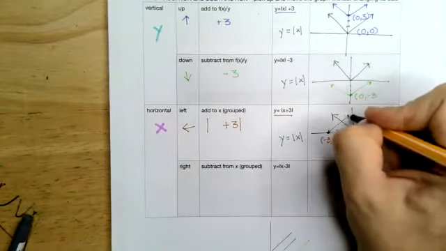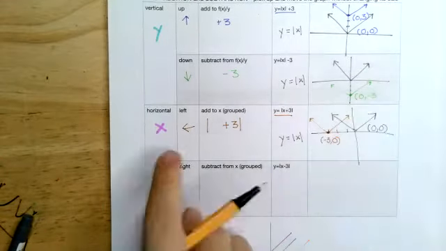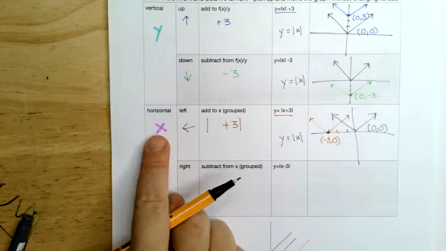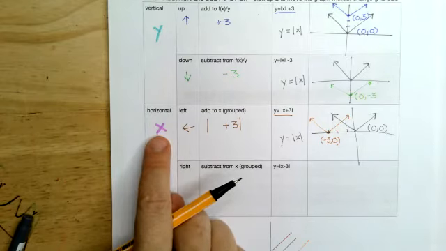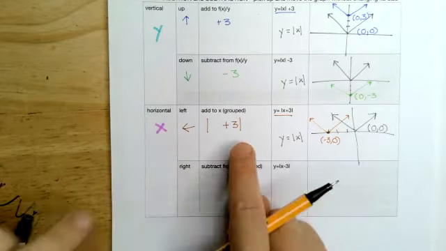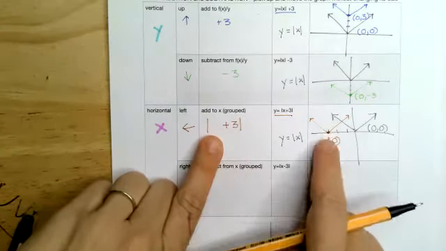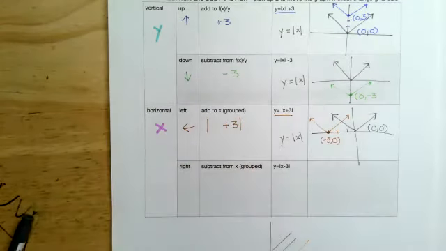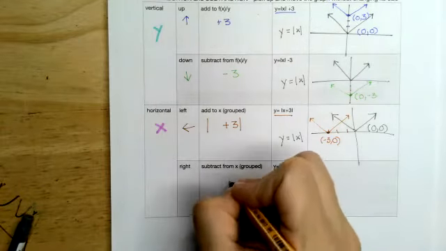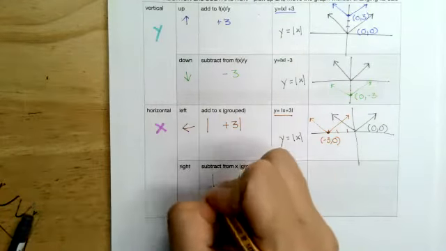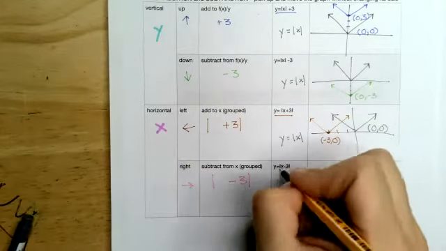We picked up the graph, we moved it that way. Because it's the x-axis, because it's on the horizontal, because it's a horizontal shift, it's counterintuitive. So a +3 means I move it in the -3 direction. Similarly, that subtracting 3 is going to move it in the positive x direction.